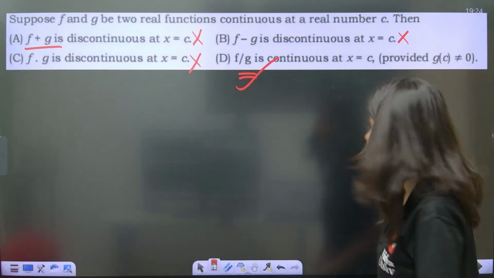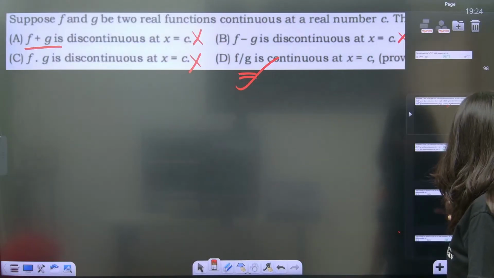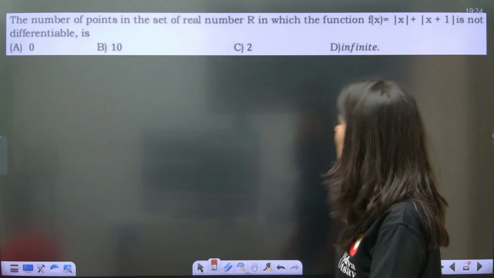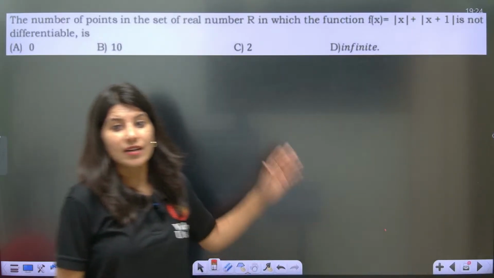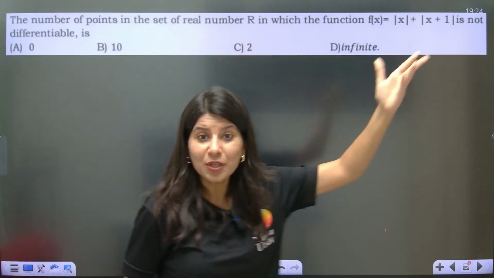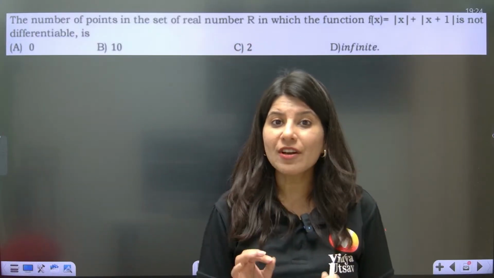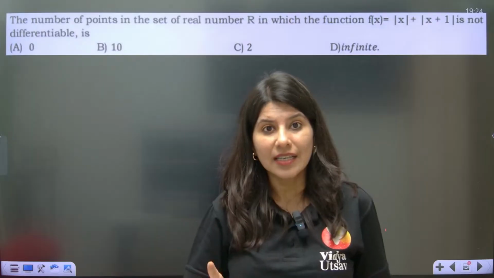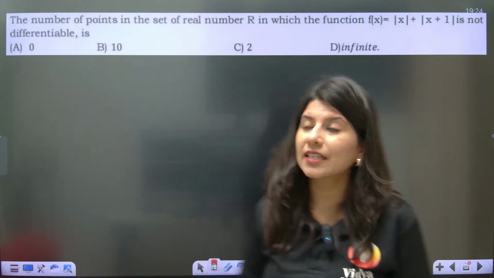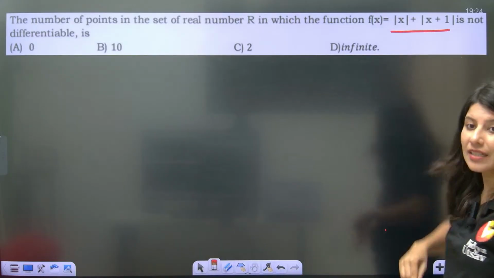Okay, perfect. Now let us quickly talk about this question. I have already told you, by the way, modulus functions are always continuous, but they are non-differentiable at critical points. Can anybody tell me what the critical points are?